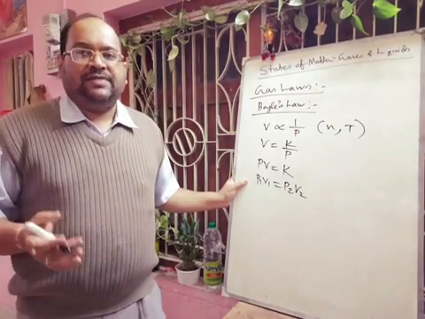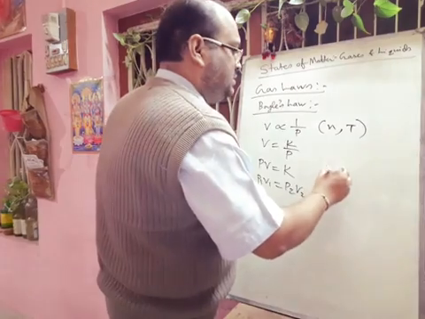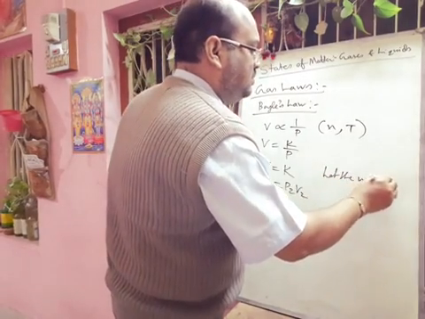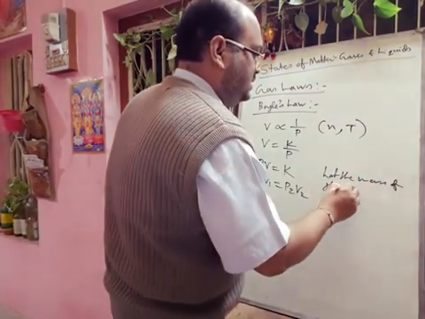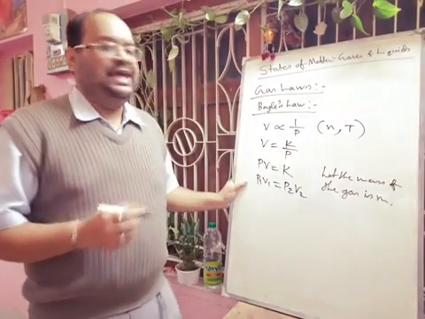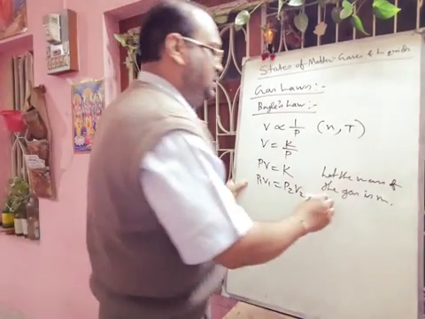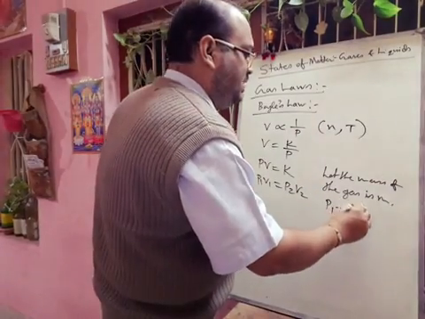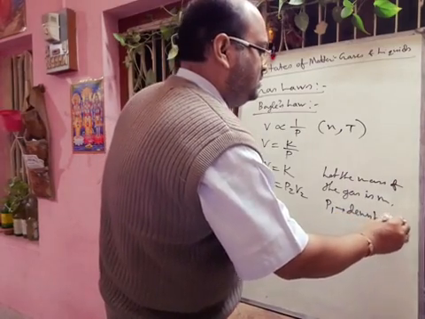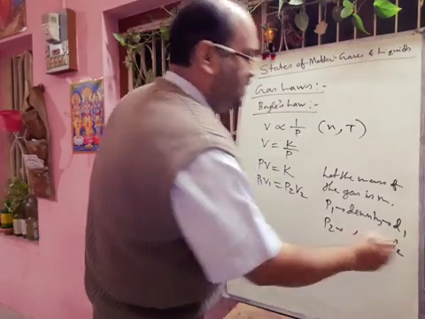Okay, let the mass of the gas be m. At pressure P1 the density will be D1, and at pressure P2 the density is D2.